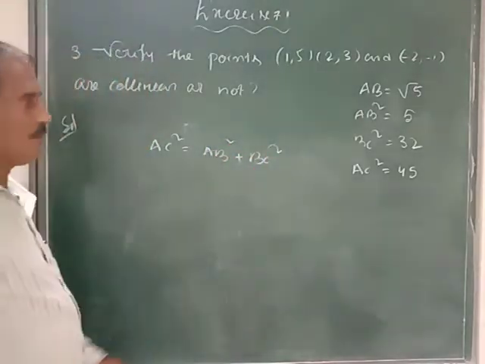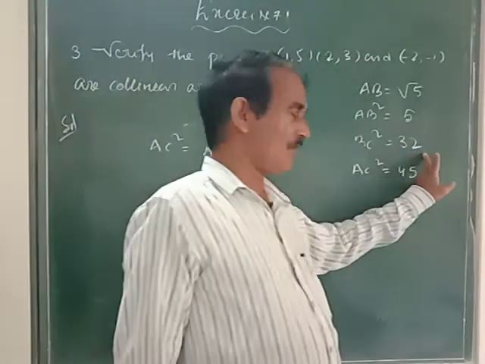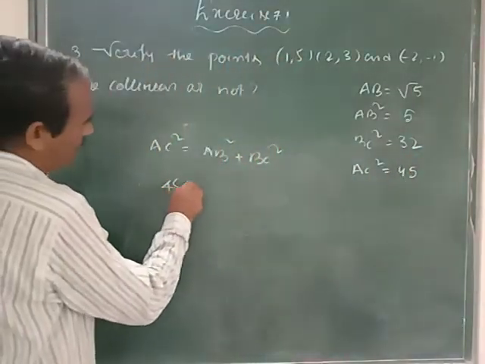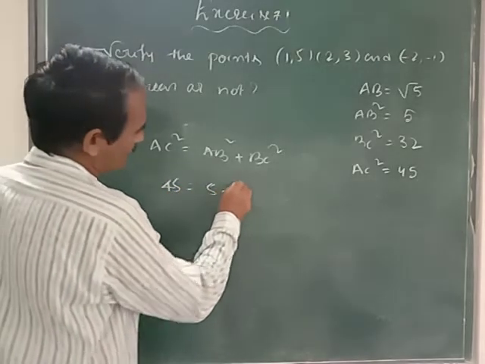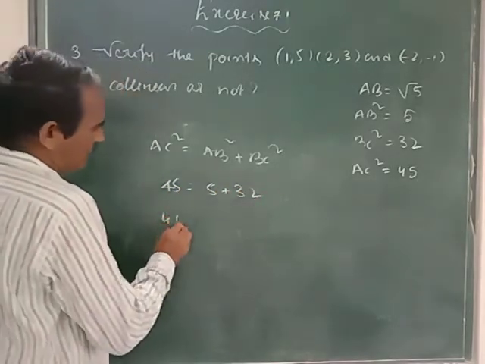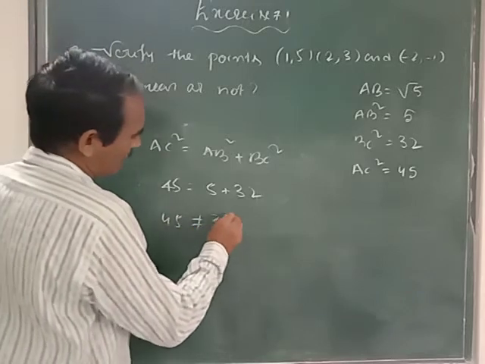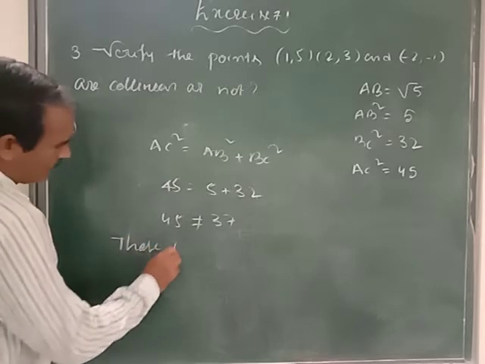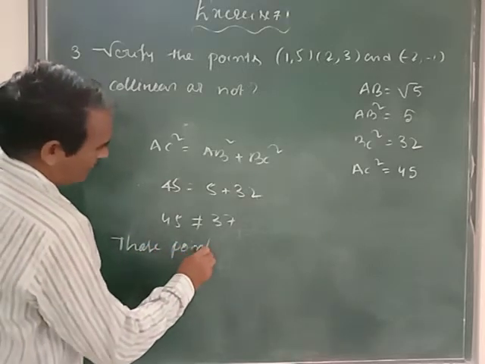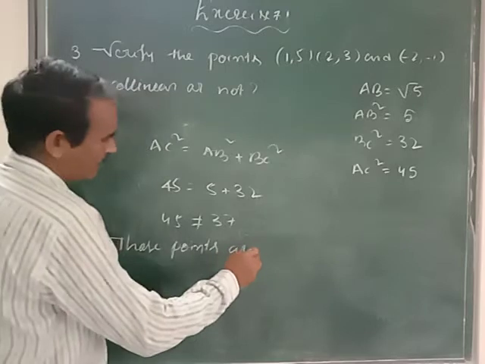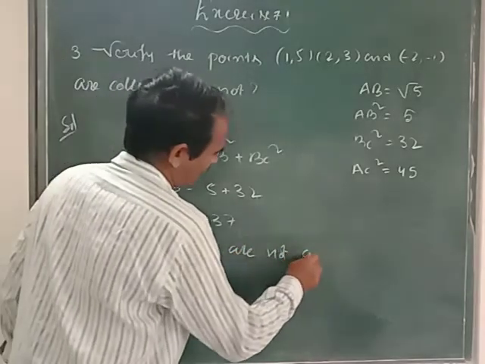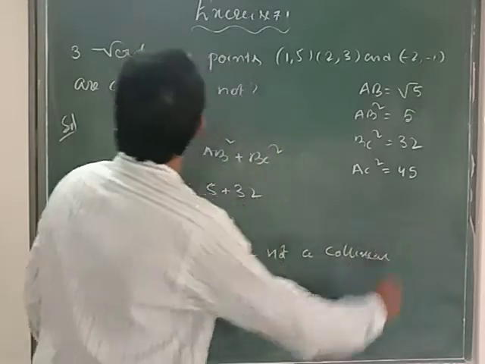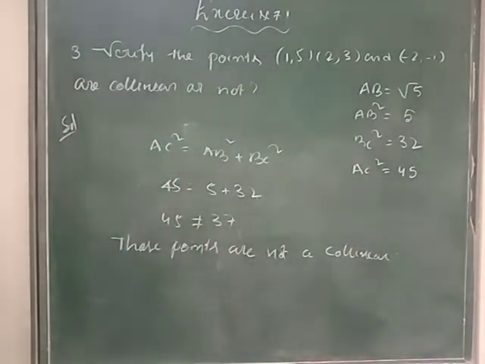Sometimes BC may also have the larger value. 45 is equal to AB square 5 plus 30? That is 45 is not equal to 37. So those points are not collinear. Are you clear?